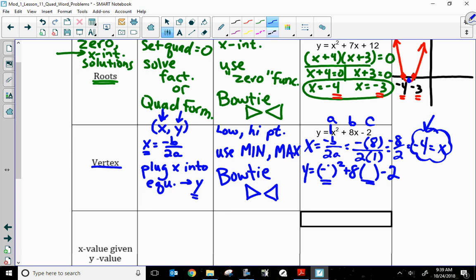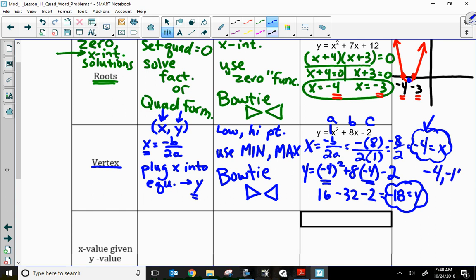So negative 4, negative 4. 16 minus 32 minus 2, that's negative 18. And that's my y value. So if they're asking me for the vertex, negative 4, negative 18. That's my vertex right there.